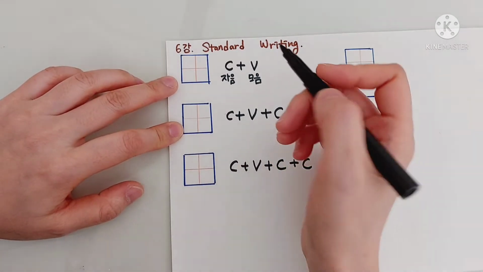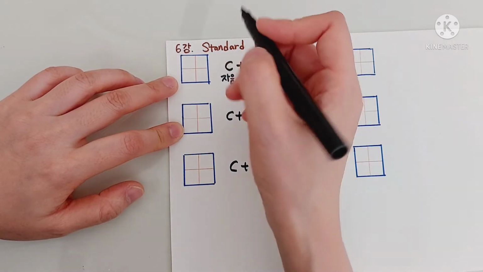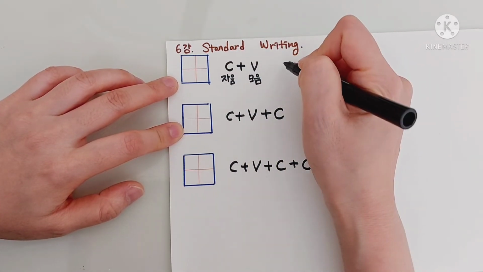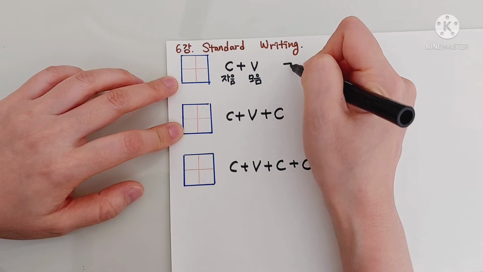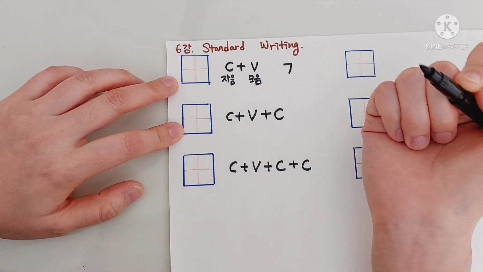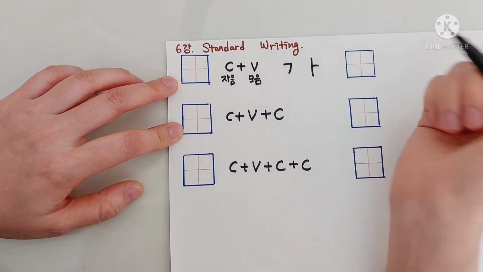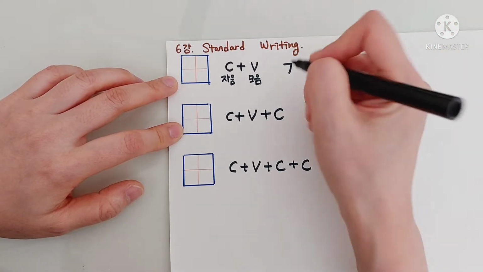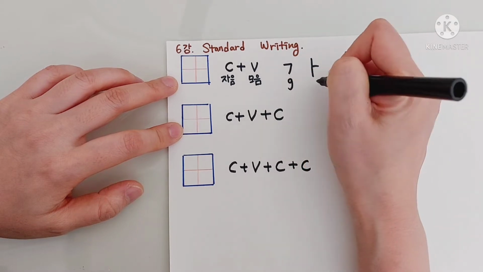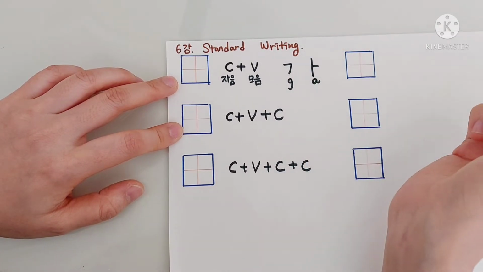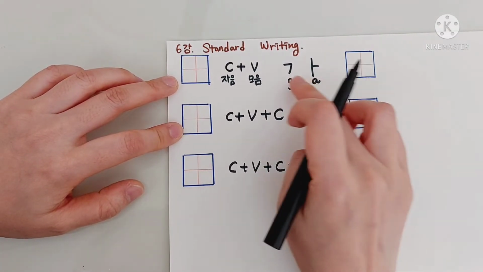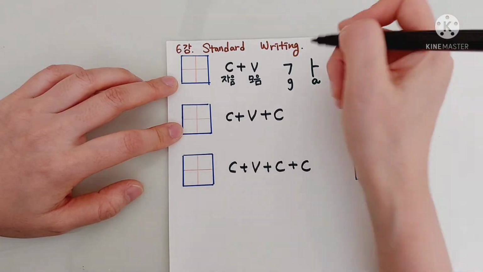One is consonant and vowel, let's say this one. Do you remember this one? 그. And this one is the 아 sound. So we will write 그 plus 아.